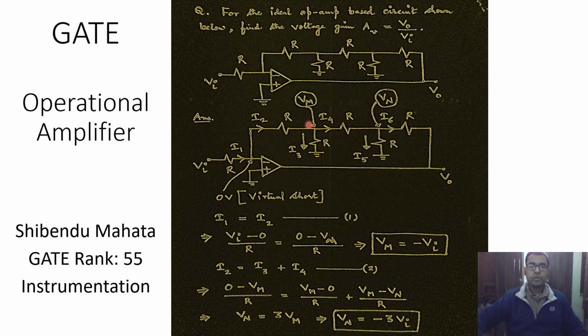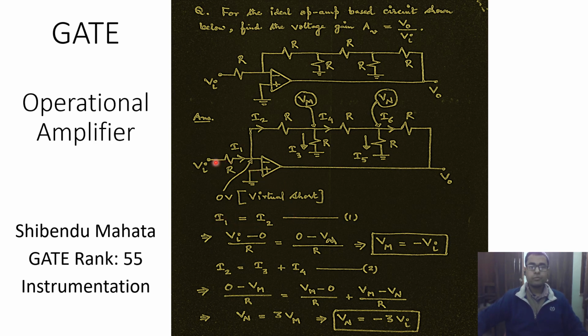So as before, because the op-amp is an ideal one, no current can enter the input terminal of the ideal op-amp because it offers infinite input resistance. Therefore if we have some current, let's say I1, that flows due to this source Vi, then the only place through which this I1 can flow is through this resistor. If we claim that this current is equal to I2, the governing equation is I1 should be equal to I2.